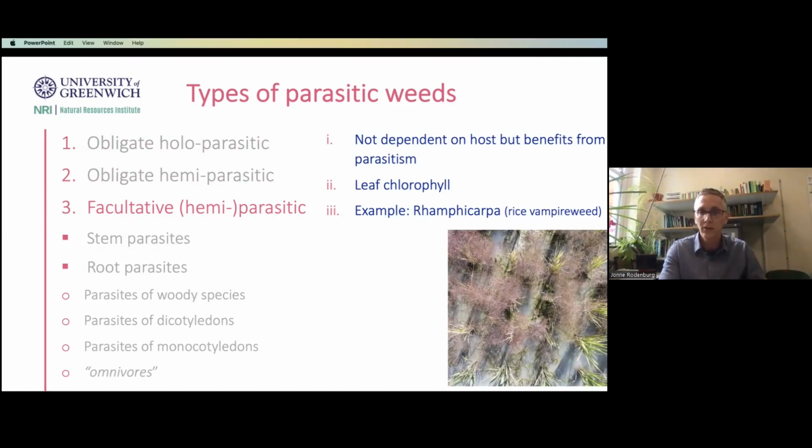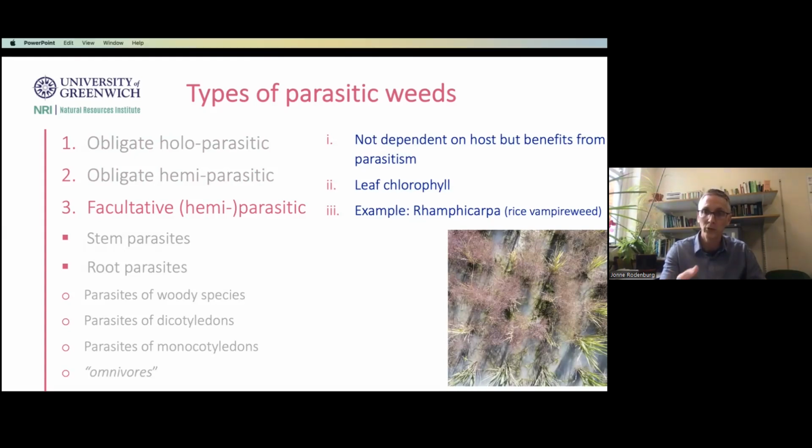So this type of parasitic plants, they are not dependent on the host for their growth, for germination and growth, but they can benefit through parasitism. So obviously these parasitic plants, they have leaf chlorophyll, and an example of this is Rhamphicarpa, and that is the weed that I'm going to talk about in this talk.